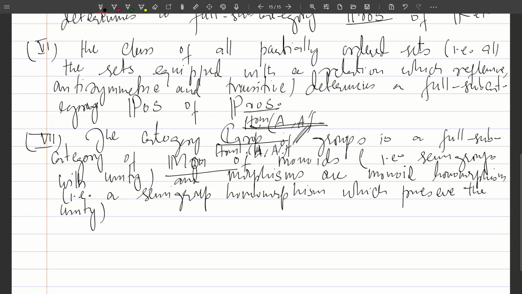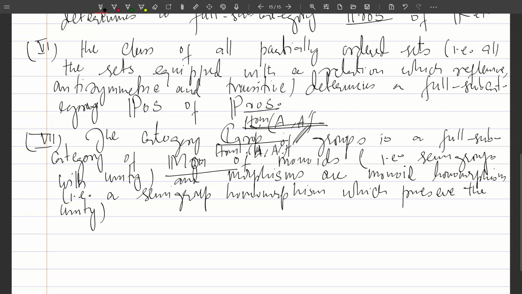Now, one might be wondering: so far the categories we have discussed are all examples of full subcategories. So what is an example of a non-full subcategory?